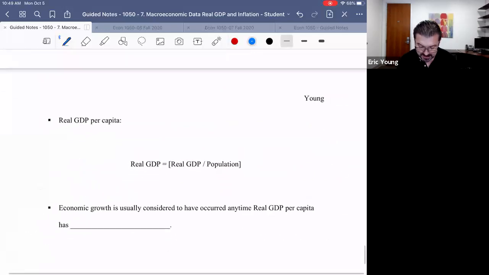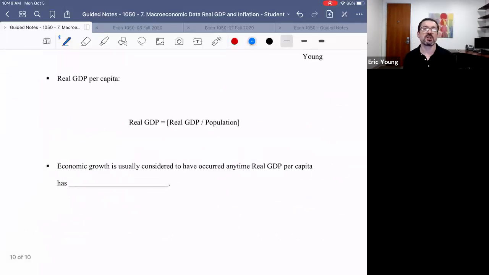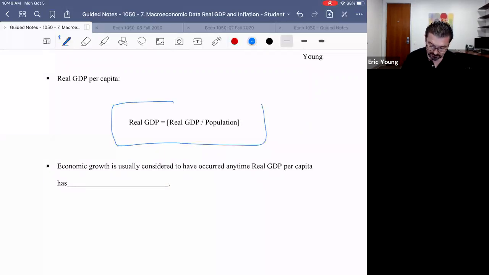Okay? With that said, because real GDP per capita is real GDP per person, our formula is very easy. We simply take real GDP, divide it by the population, and we have real GDP, I should have put here, pardon me, per capita. There it is.